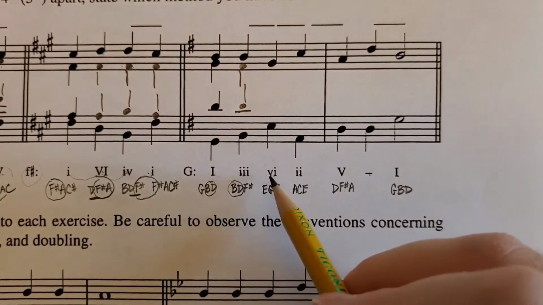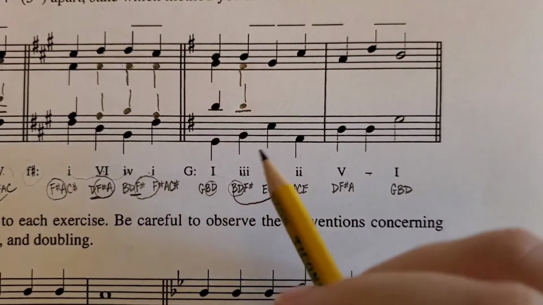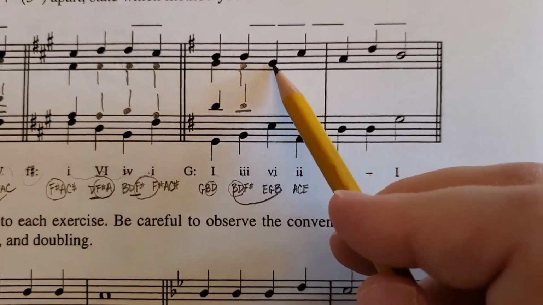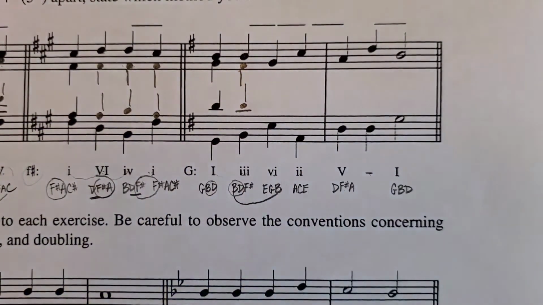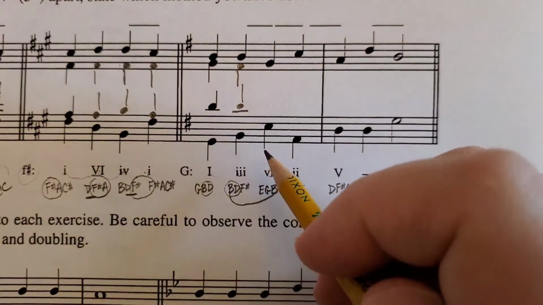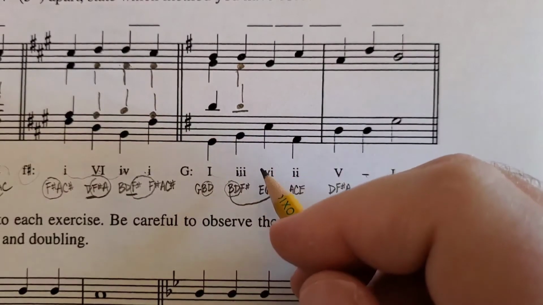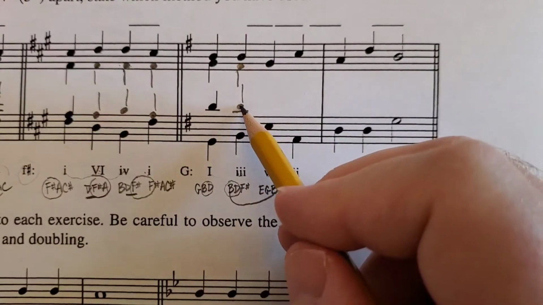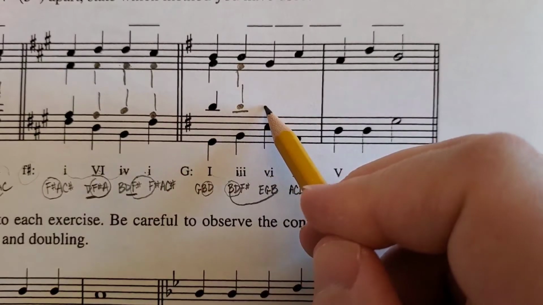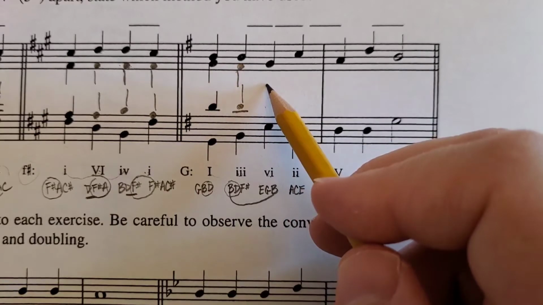Okay, between 3 and 6, there should be one common tone, and you can see that it's the B. However, the book has not kept the common tone for us, so we're going to have a little bit different voice leading method then. We need two E's, so we need another E, and a B. Now, if you move this one to the E, you won't be able to move this one to the B without leaping.